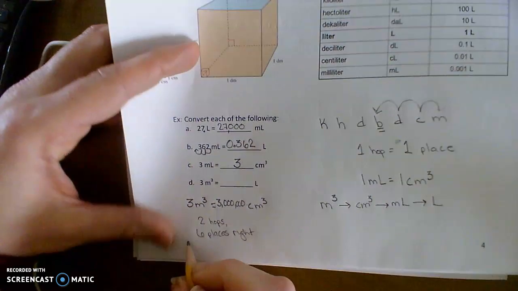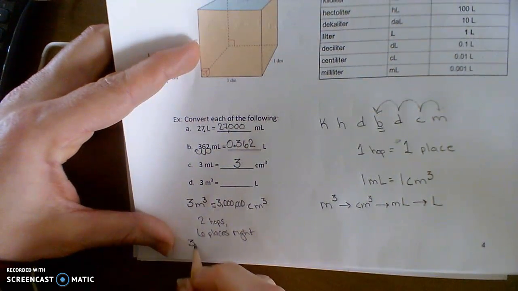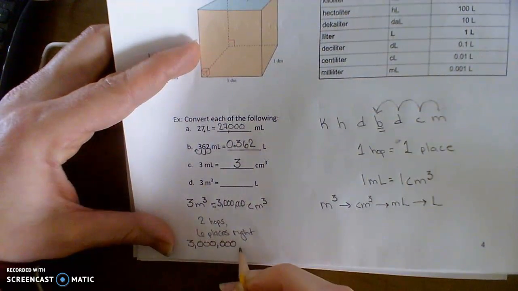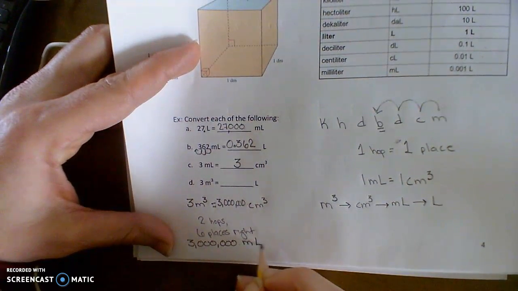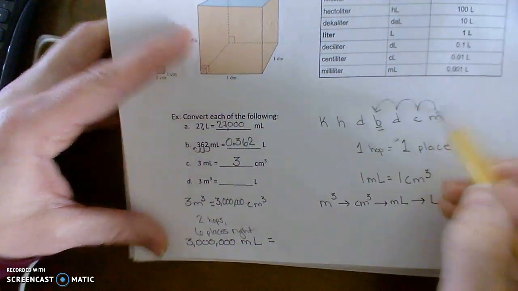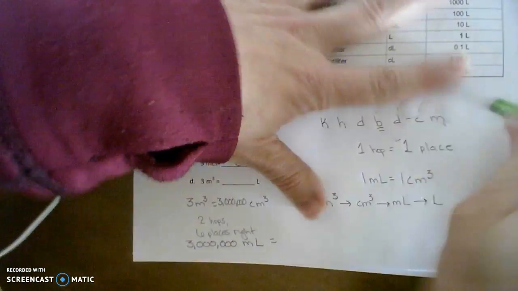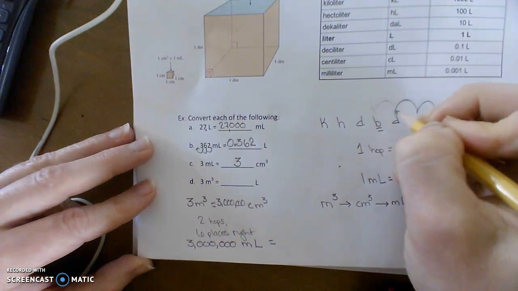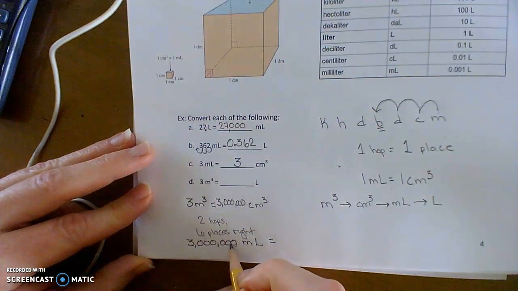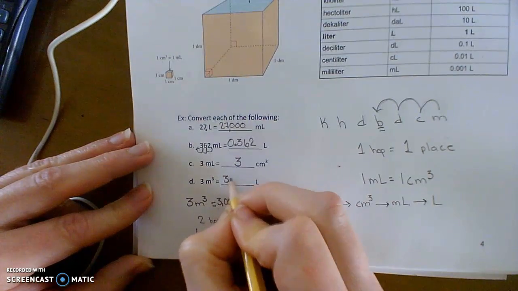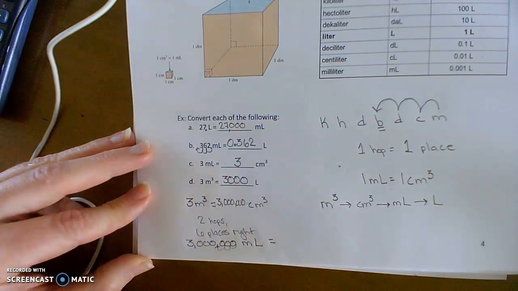So now we have that is 3 million milliliters. And now I can go from milliliters back to liters, back to my base. So that would be taking my decimal point and moving it 1, 2, 3 units to the left. So that'll be 3,000 liters.